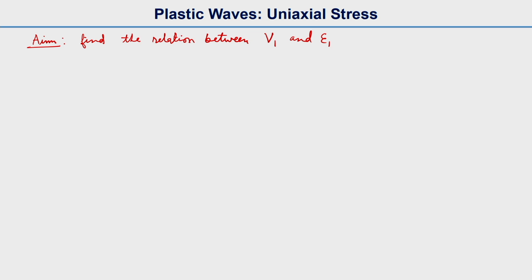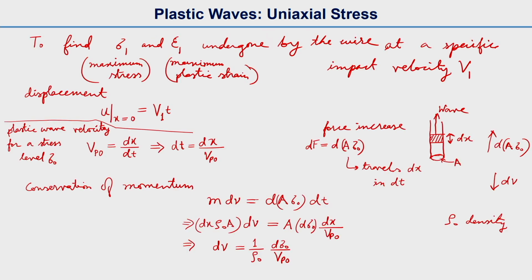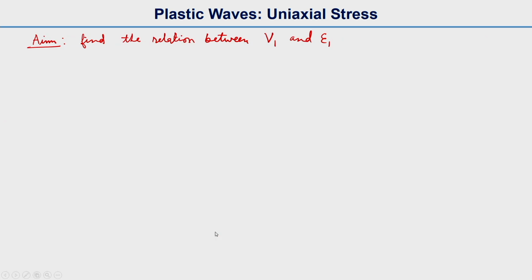Now from the earlier expression, the differential of the velocity, that is dv, small v, equals 1 by rho naught d sigma naught over V p naught.